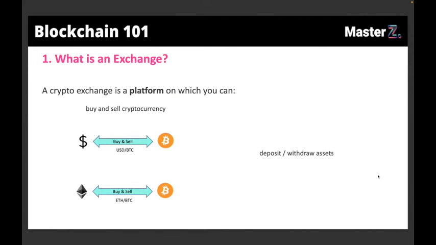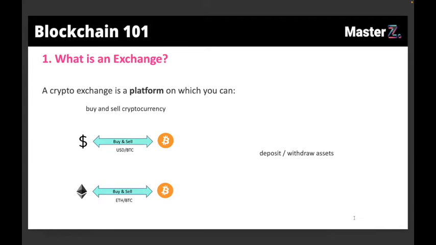Yeah, we can go to the next one. Thank you. So what is an exchange? In general, when we talk about an exchange, we talk about an online platform on which you can do mainly two things. As we can see on the left, we can buy and sell cryptocurrencies. So we can, for example, deposit assets like this.